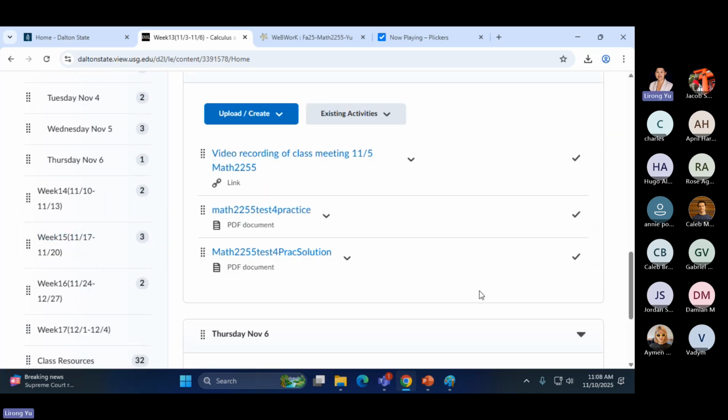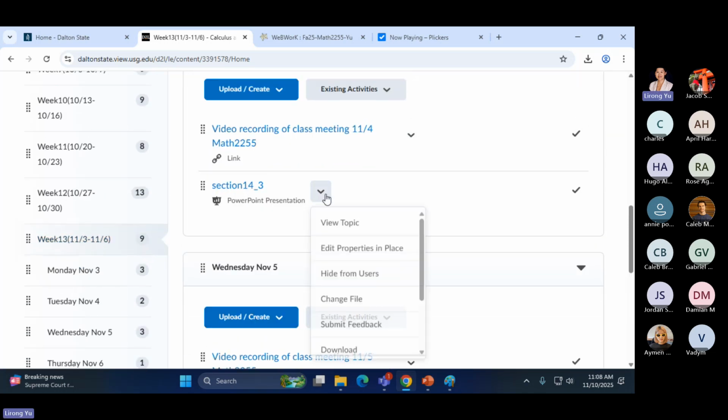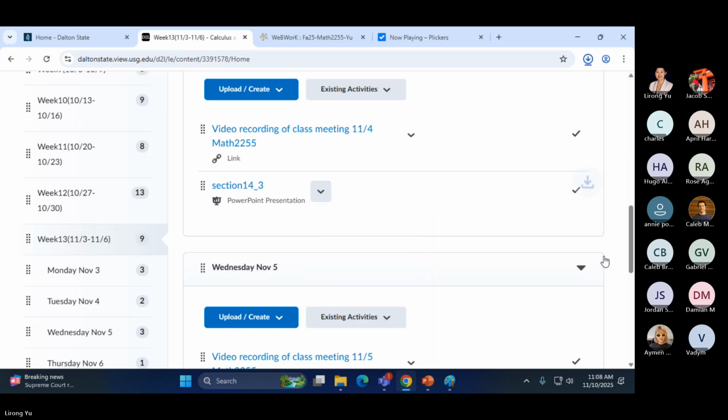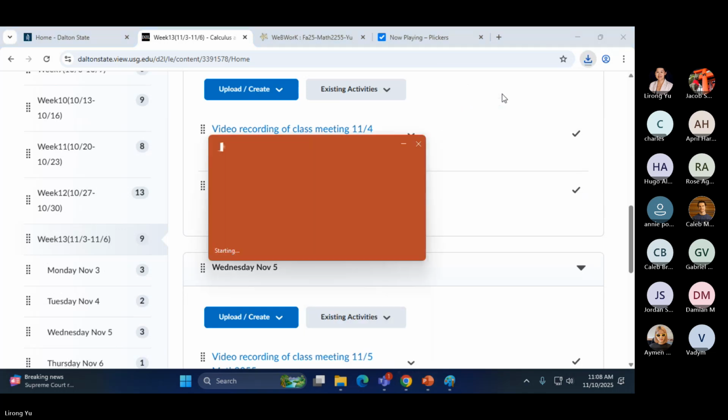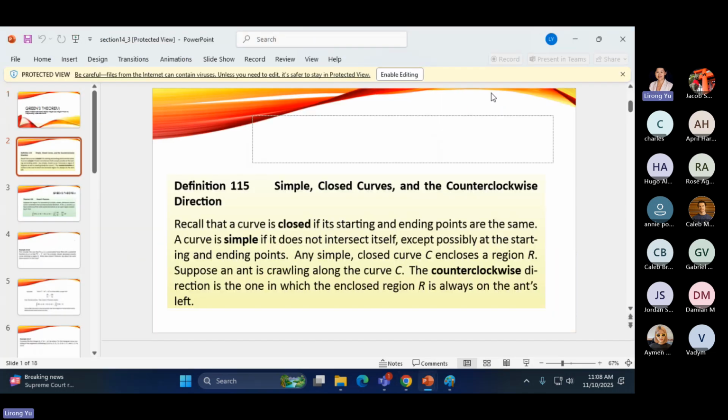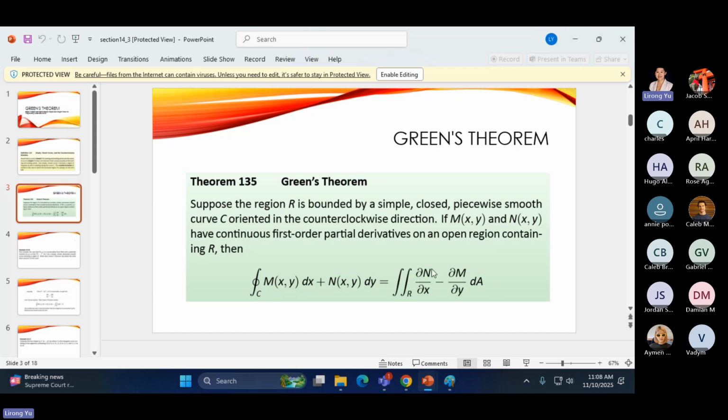Last week we were studying string theory. According to Green's theorem, if it's a simple closed piecewise curve oriented counterclockwise, it will be dN dx minus dM dy.